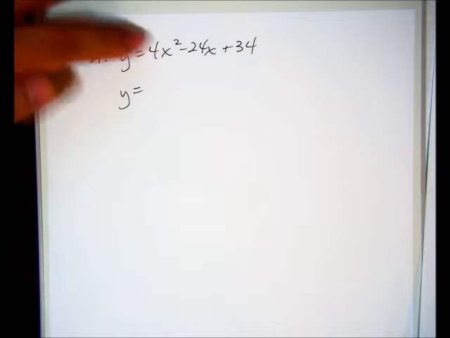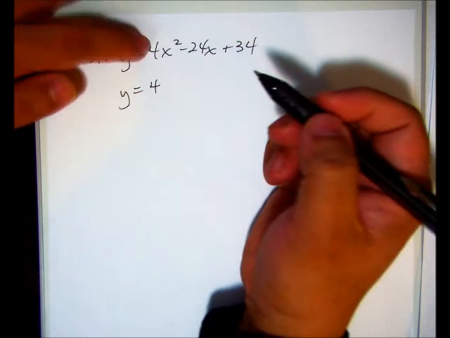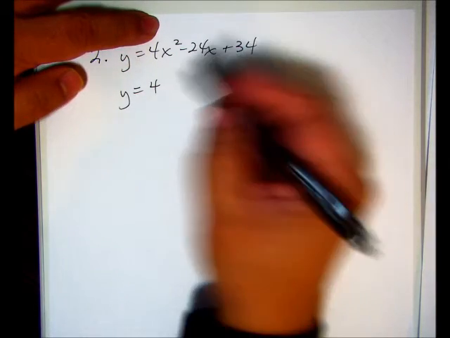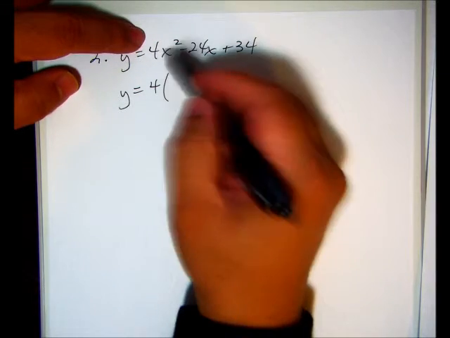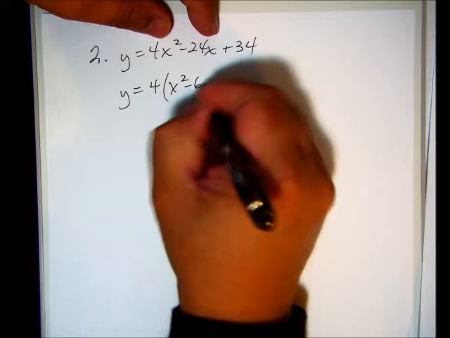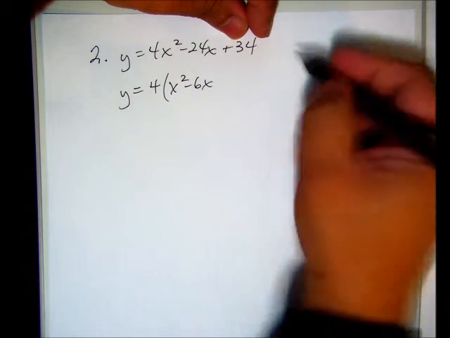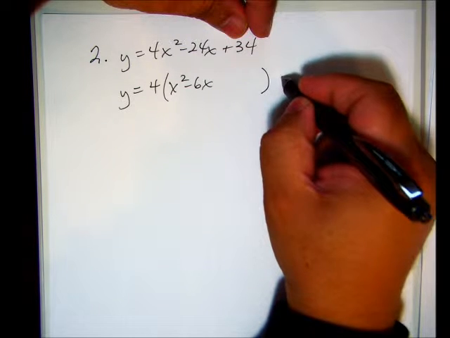So what I'm going to have to do is take out a 4. When we factor out a number, it doesn't have to be common. But when we take it out, we only take it out of the first 2 terms, because this 34 out here is going to be part of the y coordinate of the vertex.